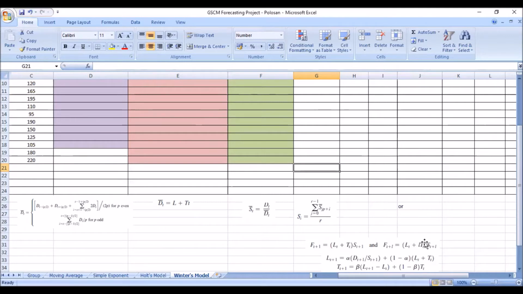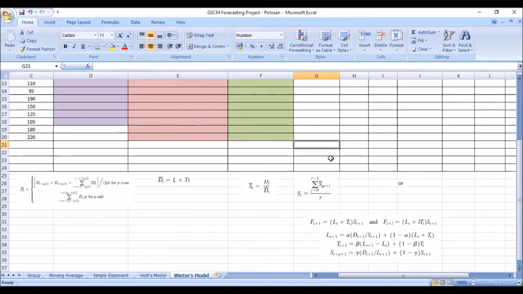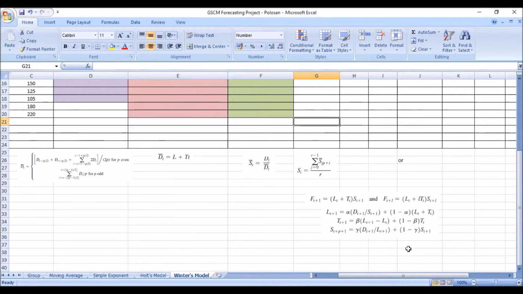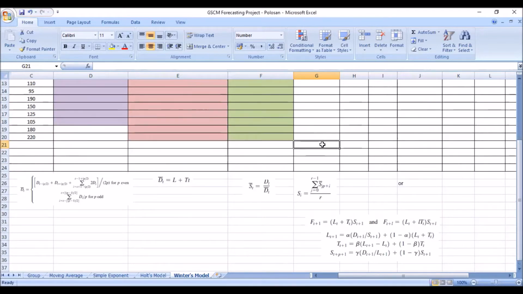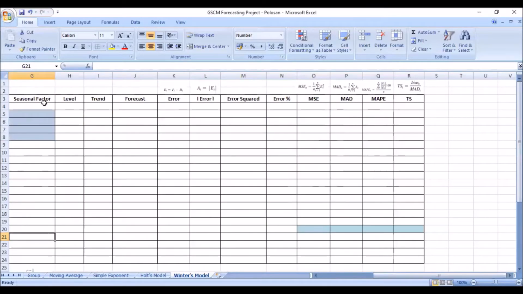We use the formula F(t+1) equals L(t) plus l, where l is the number of periods ahead, multiplied by the trend, and then multiplied by the seasonal factors. In this case, we use the last four seasonal factors correspondingly. Although we could use the last four seasonal factors that have demand, or the last four that have any demand, it's up to you, because the result is quite similar.